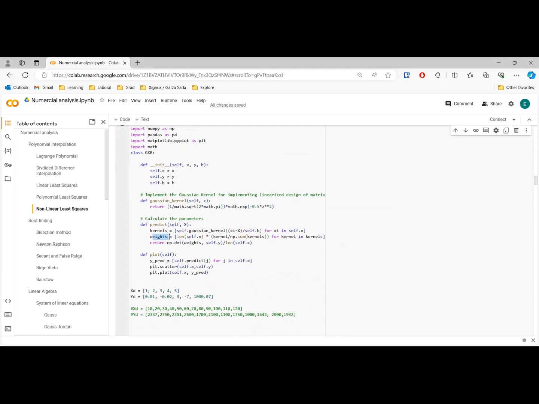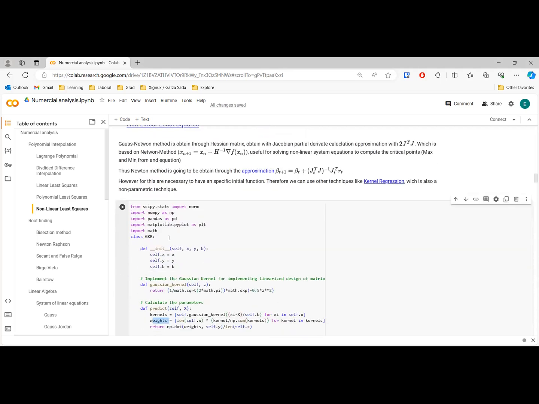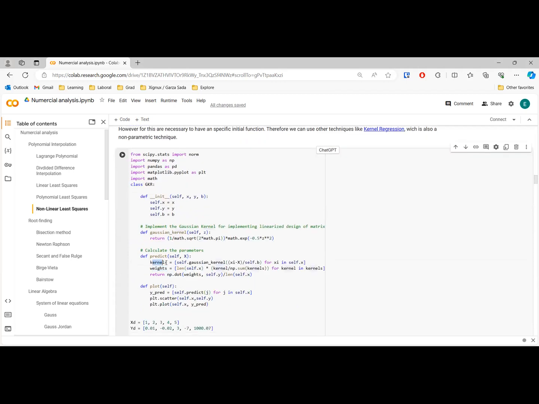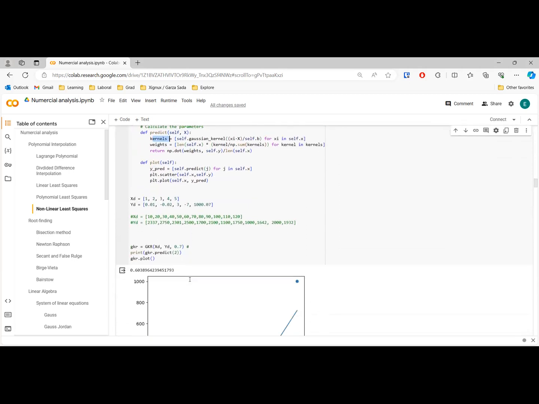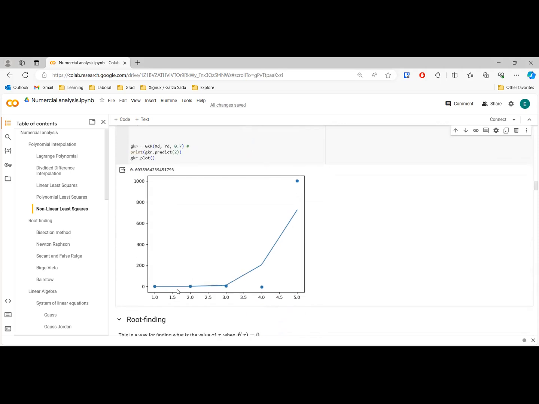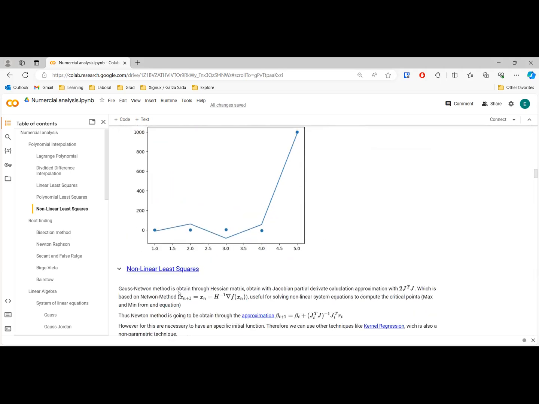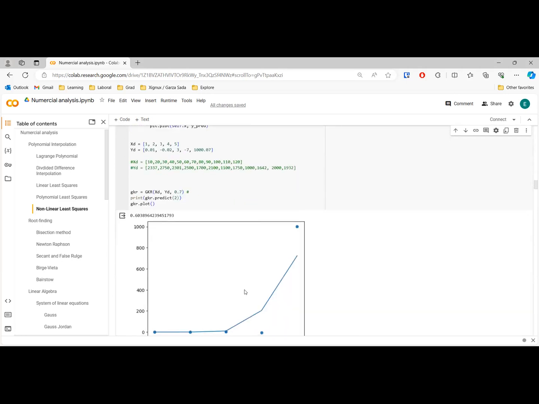But in this case, instead of trying to compute the optimization with a polynomial equation, here they are computing it with probabilistic distribution kernels. Thus, the approximation to the problem is much smoother in this case.